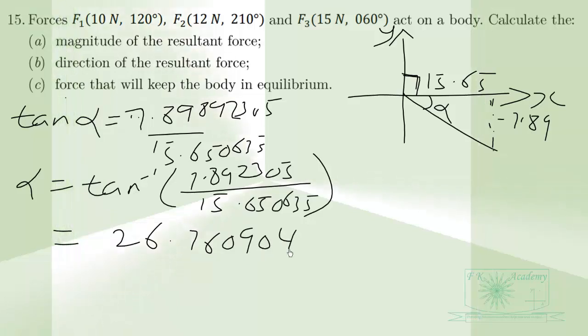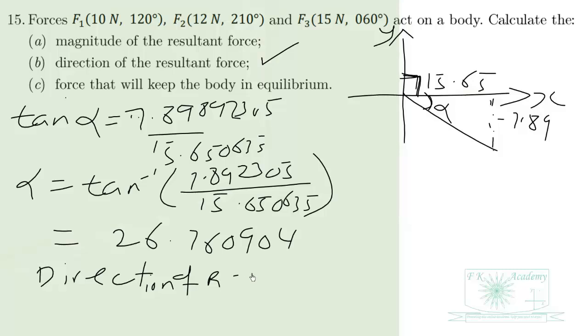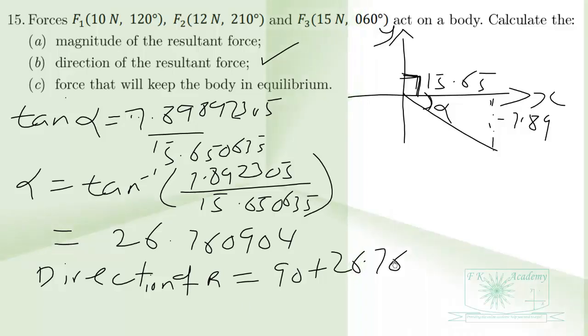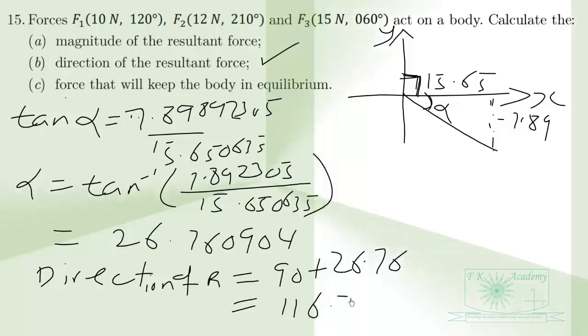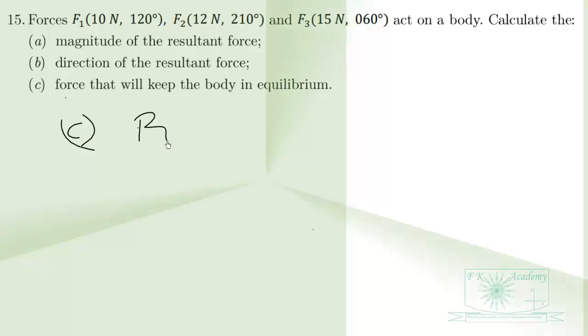So the direction of the resultant vector will be from here plus this one. The direction of the resultant will be equal to 90 plus 26.76, which gives us 116.76 degrees.